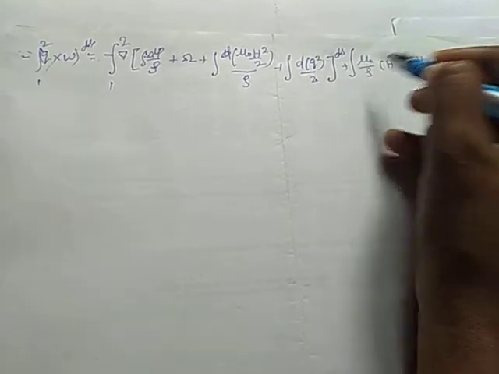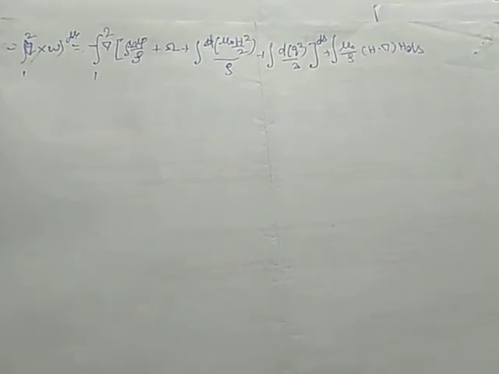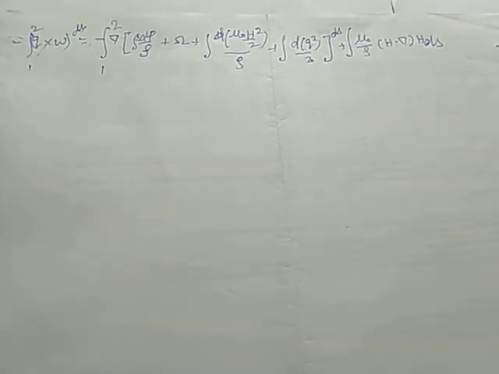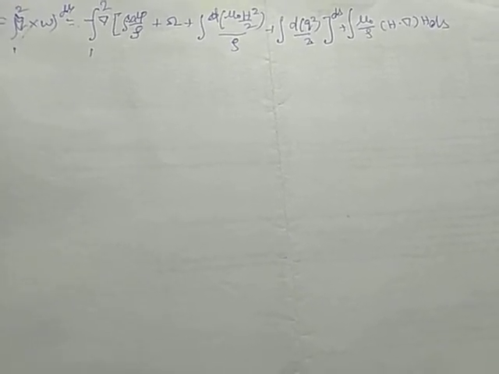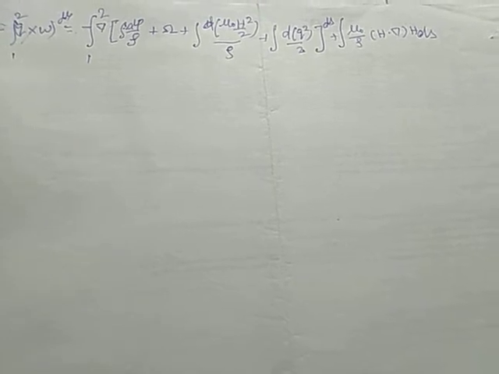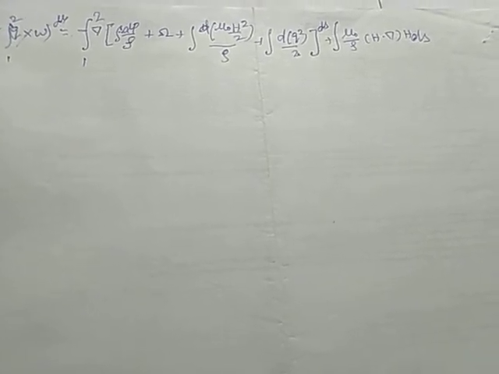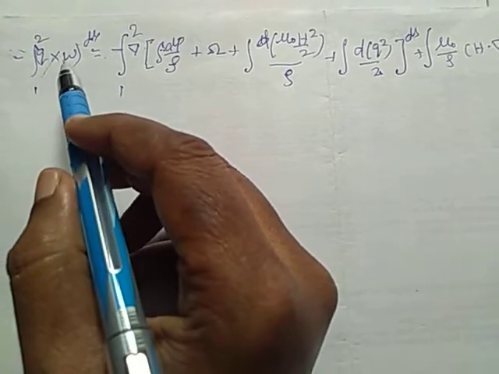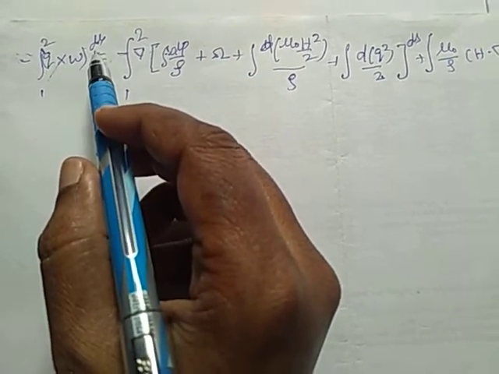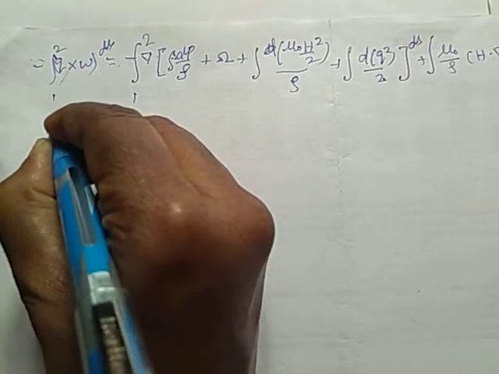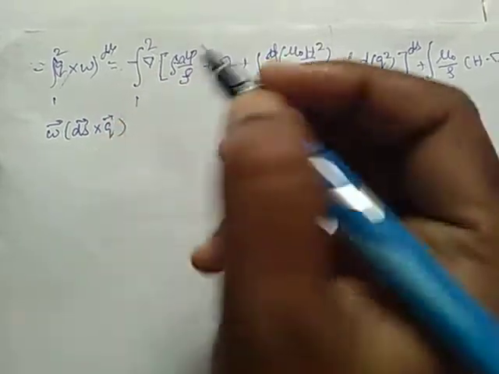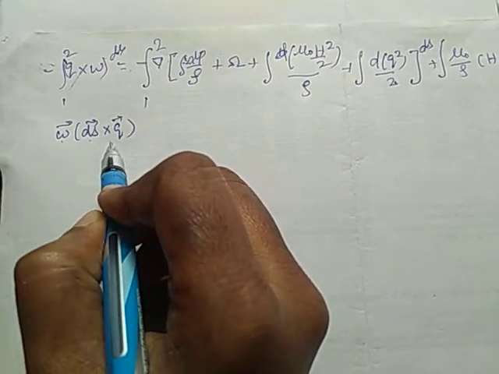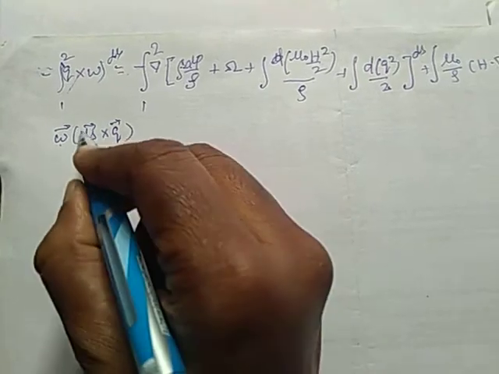Again integration with respect to ds, where ds is vector along tangential to the streamline and q is velocity, already I have told. In LHS, q cross omega, ds can be written as omega of ds cross q, and omega ds cross q is 0.